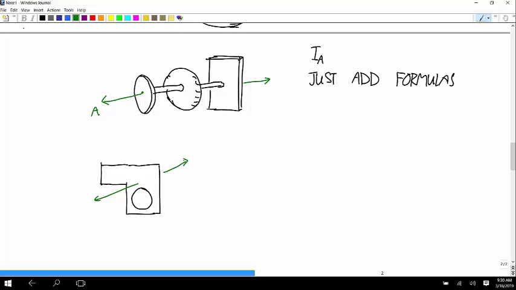Well, then you're out of luck as far as just adding the formulas, because the formula gives you the mass moment of inertia of this disk about its center of mass.